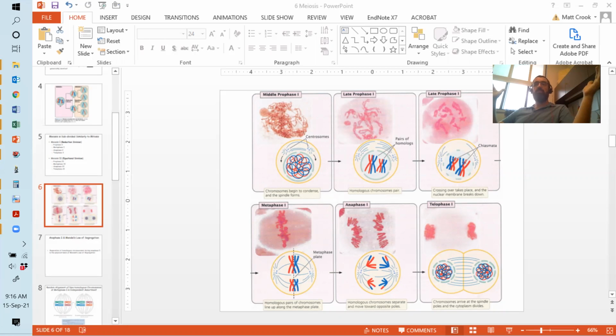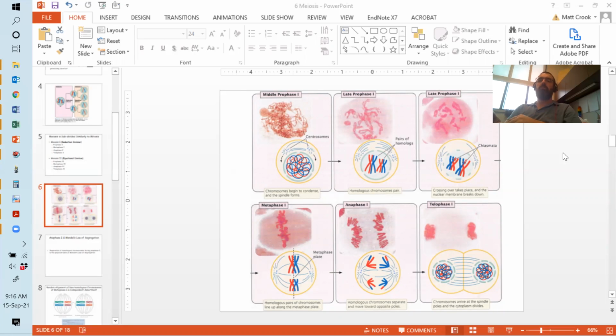And essentially, you have to do three big things that are specific to meiosis, right? Obviously, all the rest, centrosomes moving, spindle fibers forming, nuclear membrane disappearing, are common to all M phases, right? Mitosis, meiosis 1, meiosis 2.